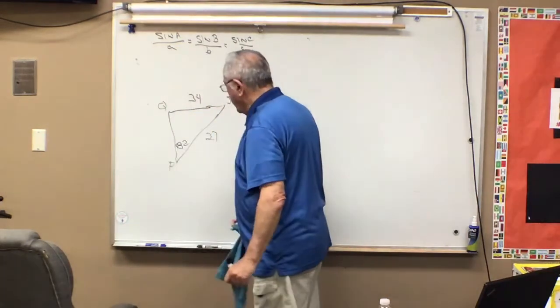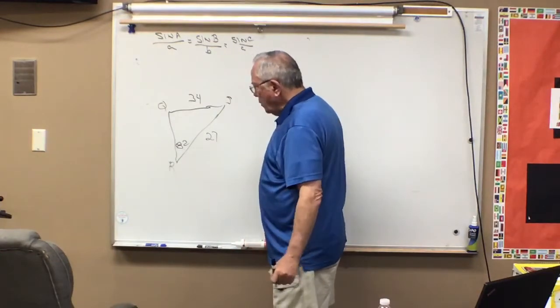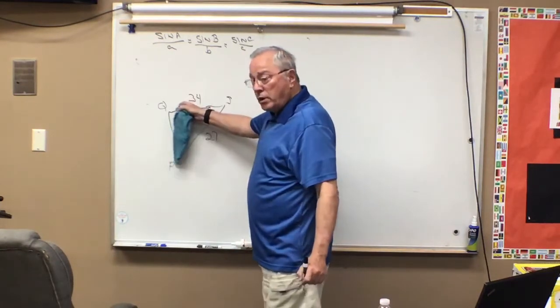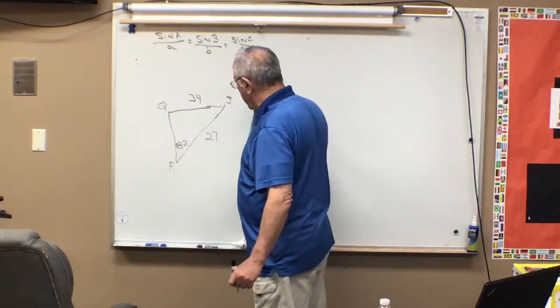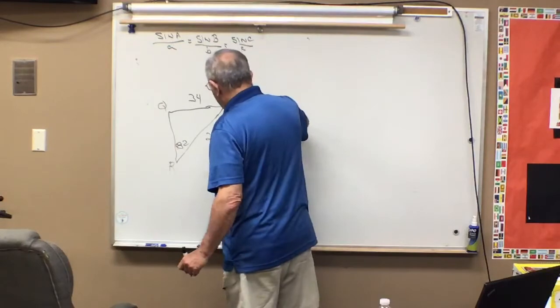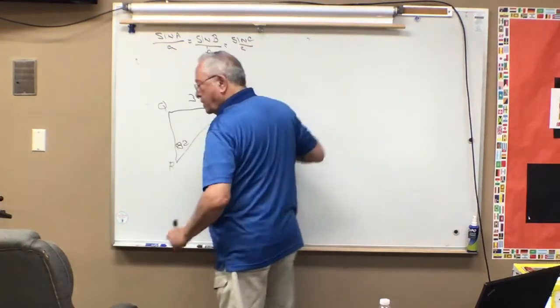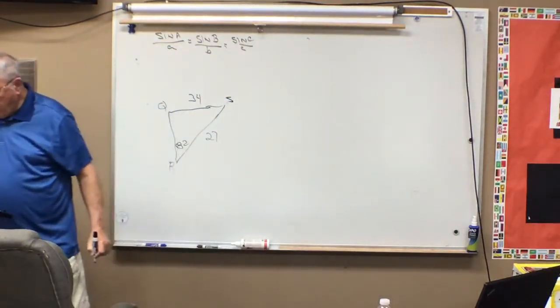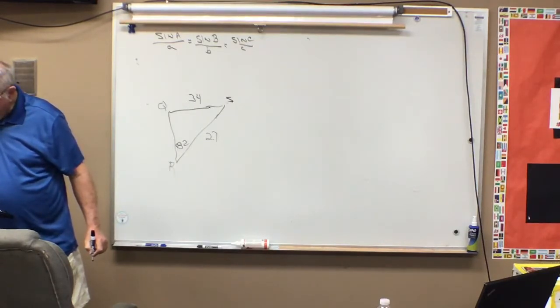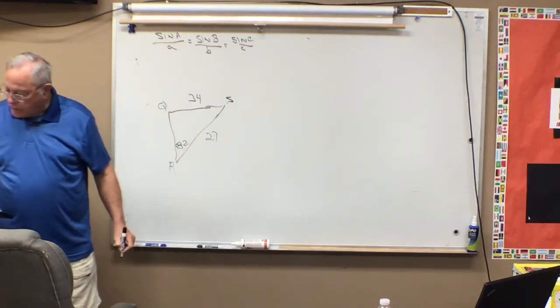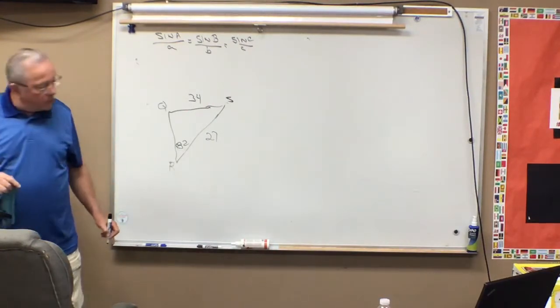So now we've got to find these two angles. But if I find one, I can automatically find the other one, can't I? And I can also find the third side. Okay, so now we've got to find that. Let's see what we can do here.